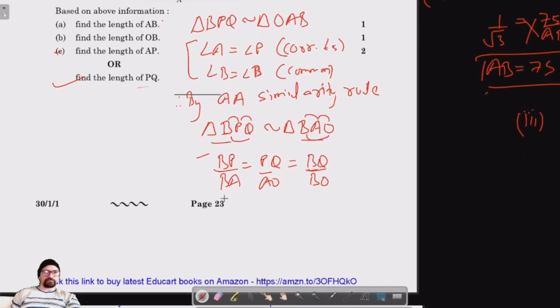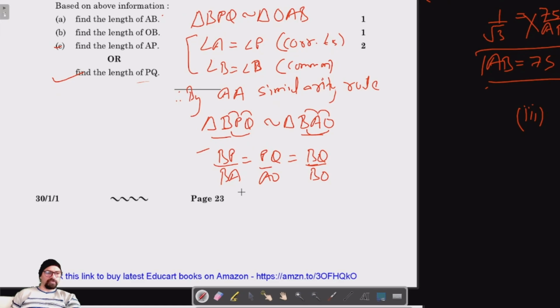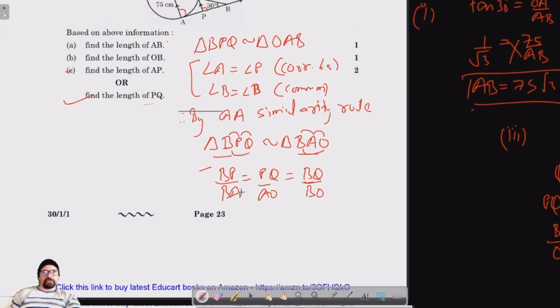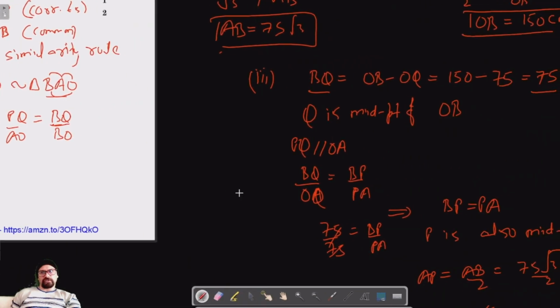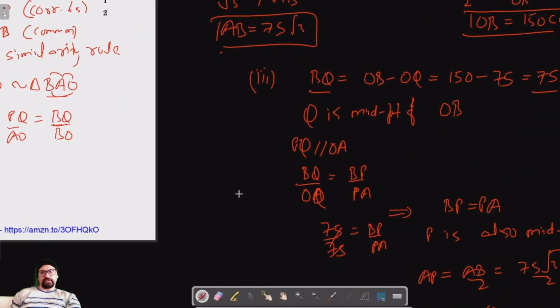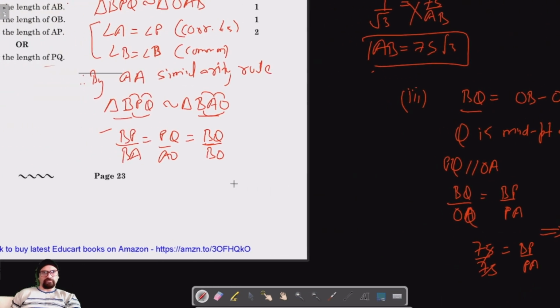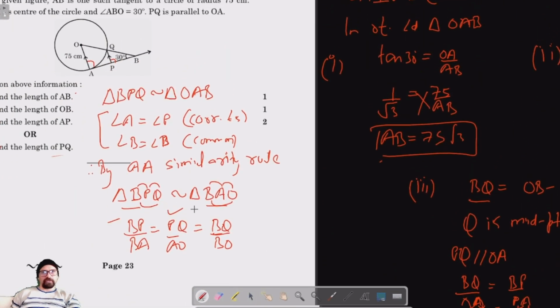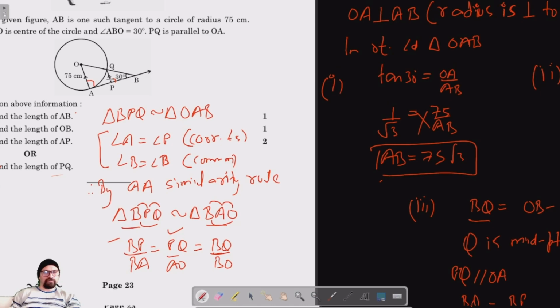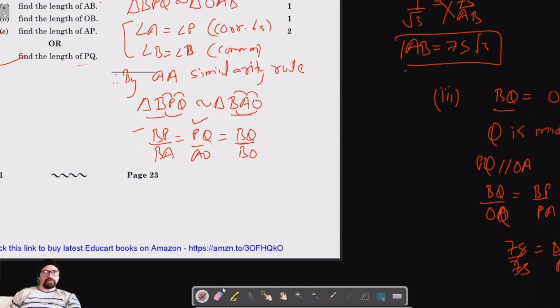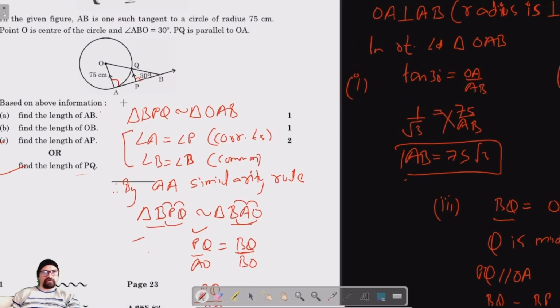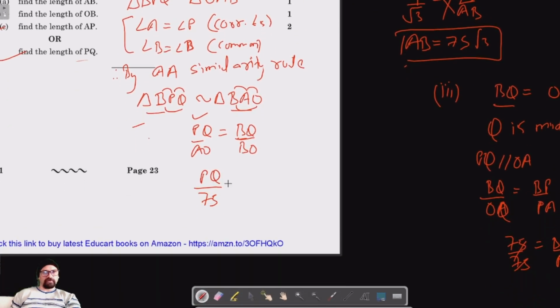So let's put in the values we have here. We know the value of BP, which is BP equal to PA, 75 root 3 by 2. So let me just erase this and keep this. PQ is what we have to find. Do we know the value of AO? Yes, 75.